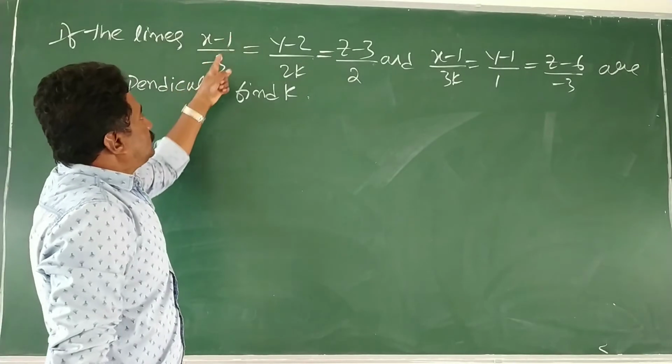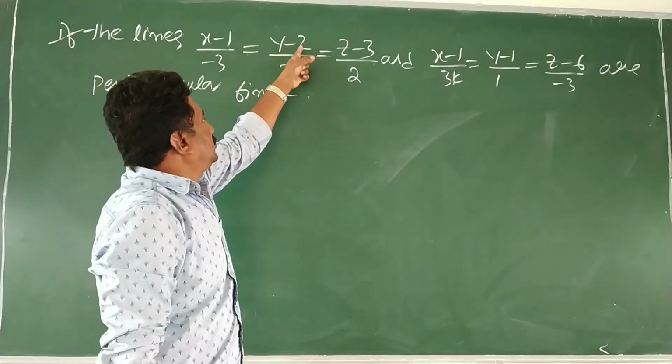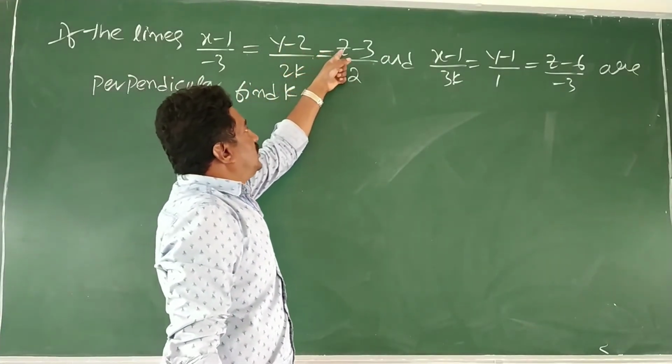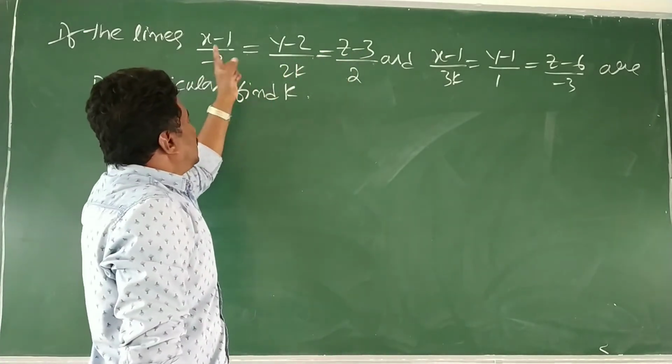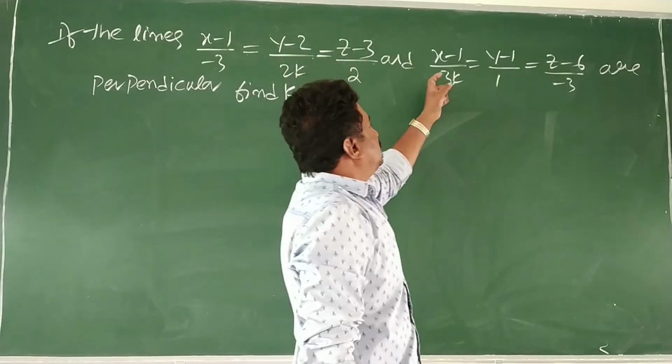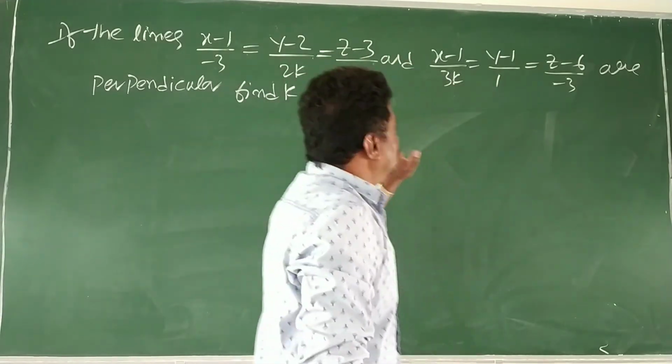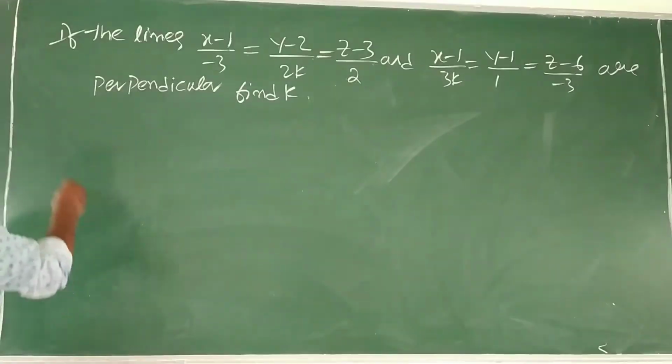x minus x1 by a is equal to y minus y1 by b is equal to z minus z1 by c. You take these as a1, b1, c1 and you take the other as a2, b2, c2. Solution.